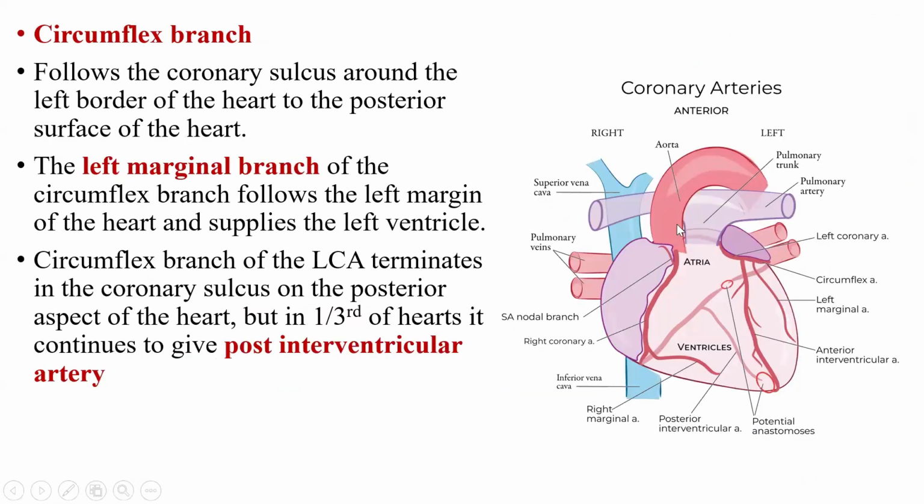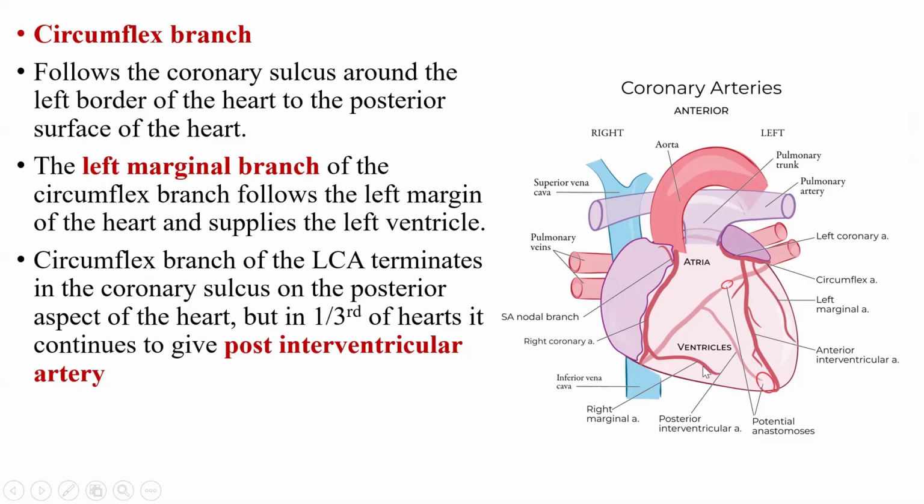Then the circumflex artery. As you can see here, this is the LAD and this is the circumflex artery. It follows the coronary sulcus around the left border of the heart to the posterior surface of the heart. The left marginal branch of the circumflex artery follows the left margin of the heart and supplies the left ventricle.